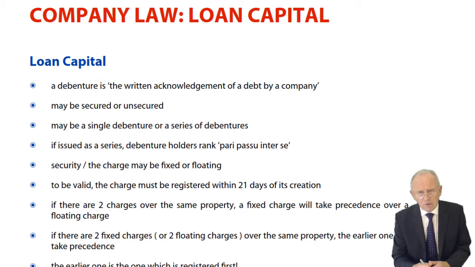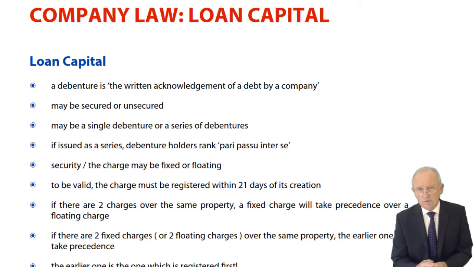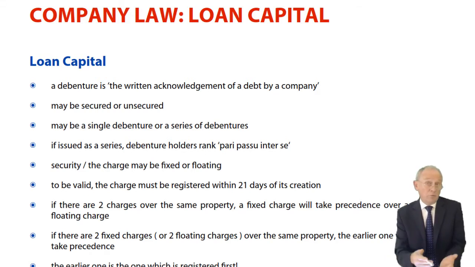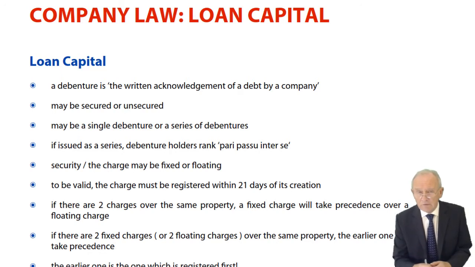But as an alternative to a bank, you could approach the public. As a public company, remember, it's a public company, not private, you can ask the public, would you like to buy some loan notes from us? We're looking to borrow 300,000, and if you would like to become a lender to us, send in your application and your payment in multiples of, say, £100.